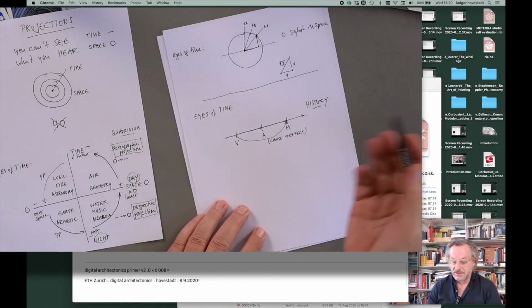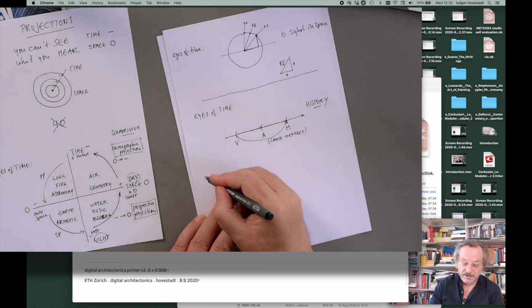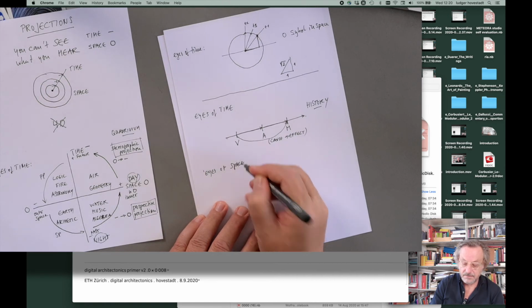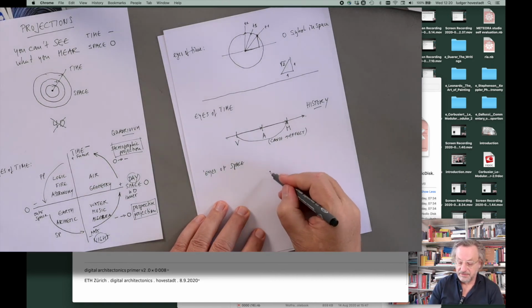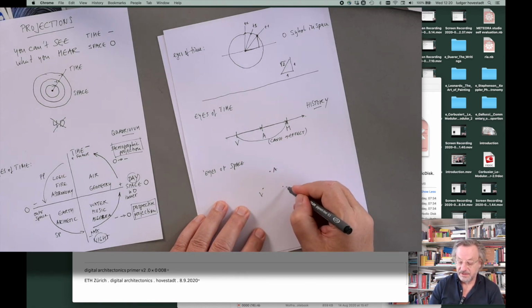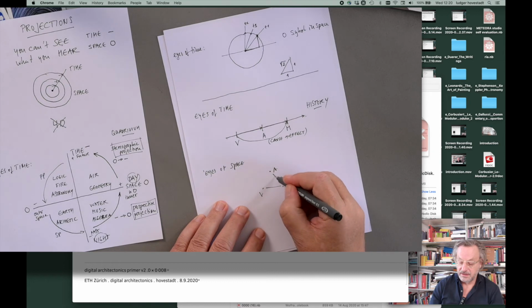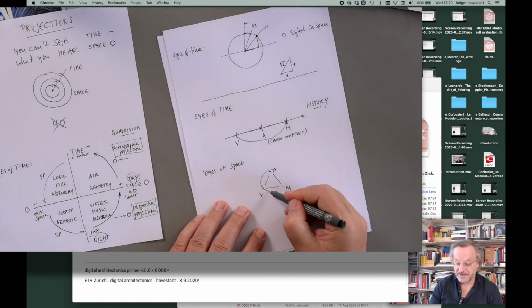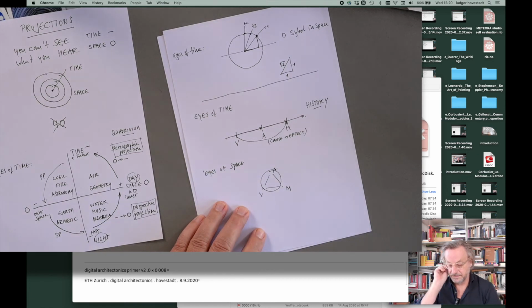So I would say these are the eyes of space. You simply can say, okay, it's like planets. This is Vitruvius, this is Alberti, this is me, and I can look them up. And they are with circles.